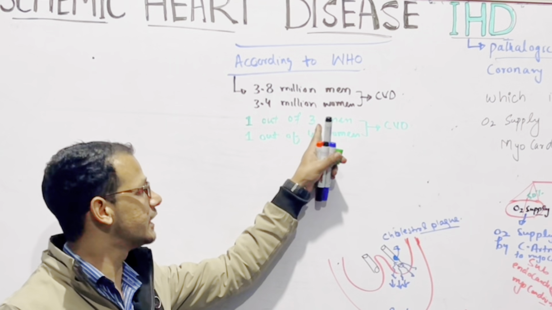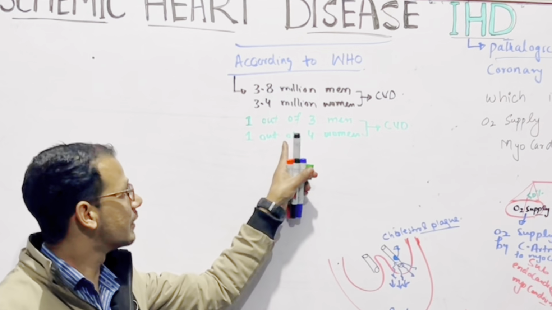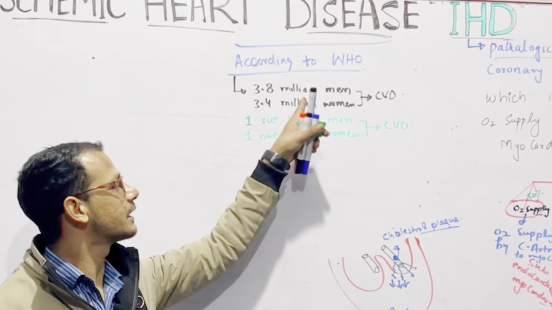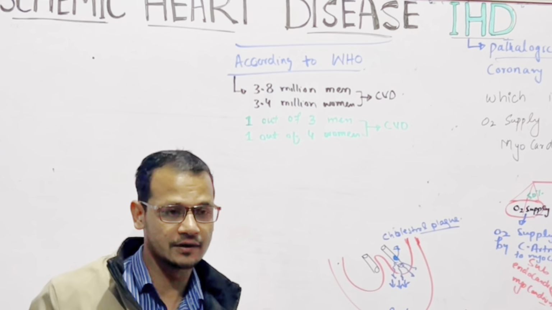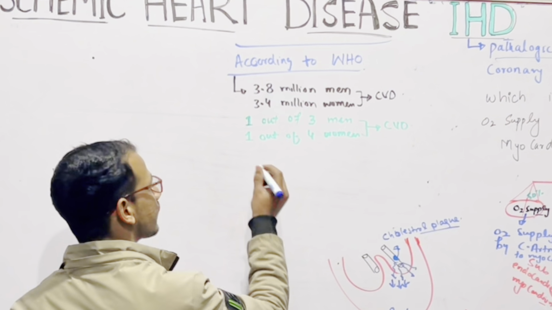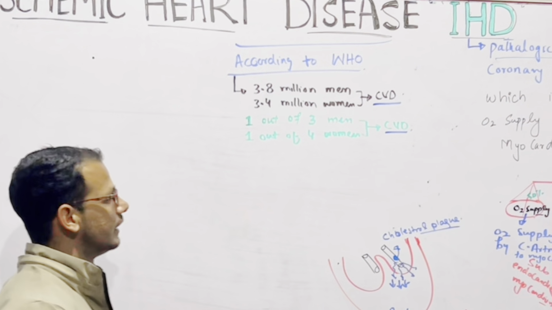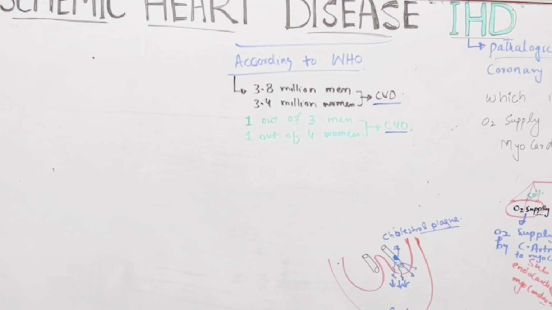Among every 3 men, 1 is affected by CVD, and among 4 women, 1 woman is affected by CVD. And this is coronary vascular disease. I already told you that there are types of coronary vascular diseases. Among these, we are discussing IHD.